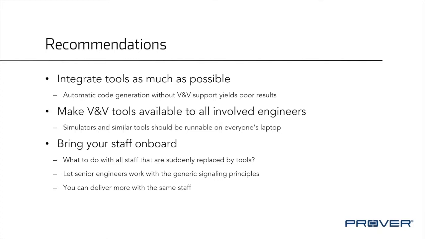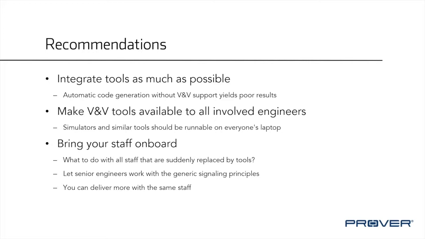If you automate the process, it's very important to bring your staff on board. By this, I mean that a very common question is, okay, if we automate a lot, what should we do with all the staff we already have? You will still need staff.